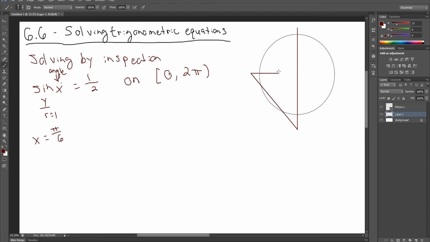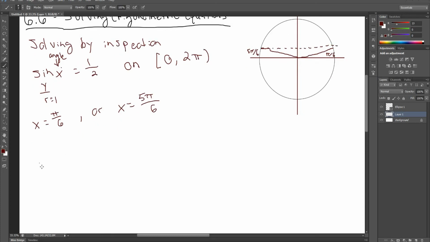So honestly, this is not a perfect coordinate system, but when we did this, we had, say here was pi over 6, we would draw a reference to another angle that gave us half. This was pi over 6, and the other possibility for y equaling a half is at 5 pi over 6, so x can equal pi over 6, or x can equal 5 pi over 6.